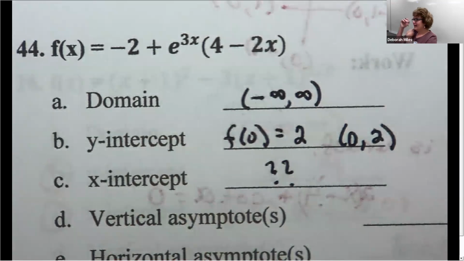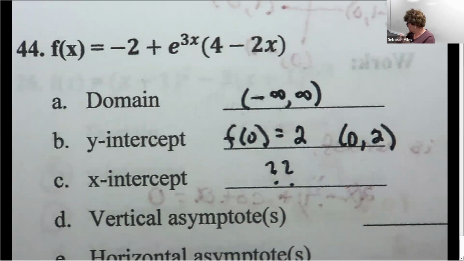What about vertical asymptotes? Does the natural exponential function have any vertical asymptotes? No. The primary vertical asymptotes we're watching out for: rational functions have vertical asymptotes at whatever makes the denominator 0, as long as you've expressed the rational function in simplest form. Look to see if there were any factors you could cancel out. What else has a vertical asymptote?